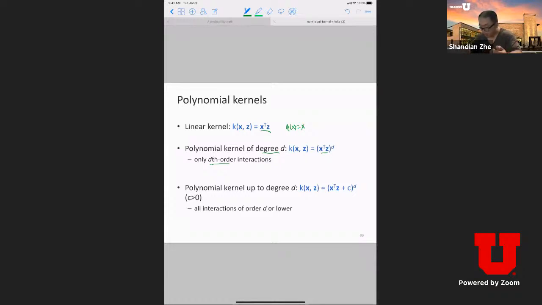What can we do? We just add a constant c to this inner product, and then take the power of d. If we expand this term, by multiplying c with different combinations of the terms, we actually can get all interactions of order d or lower.